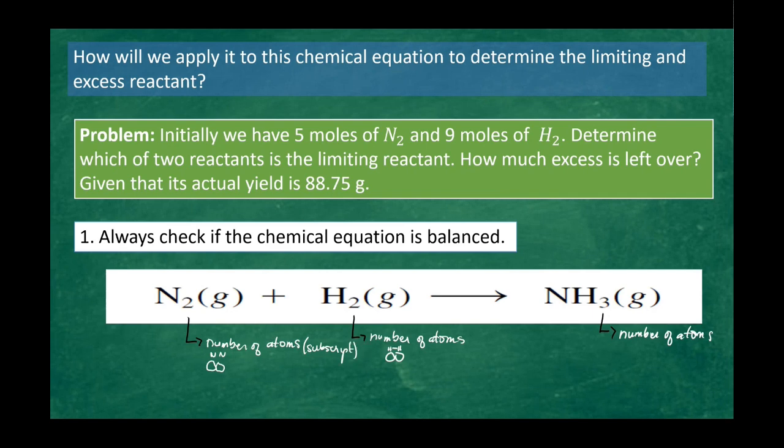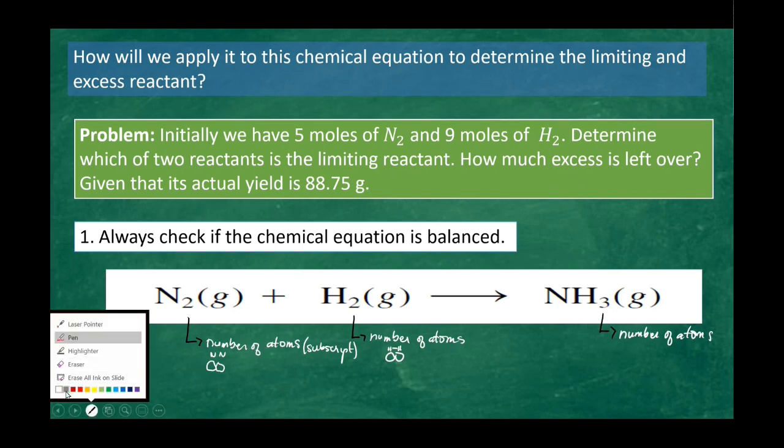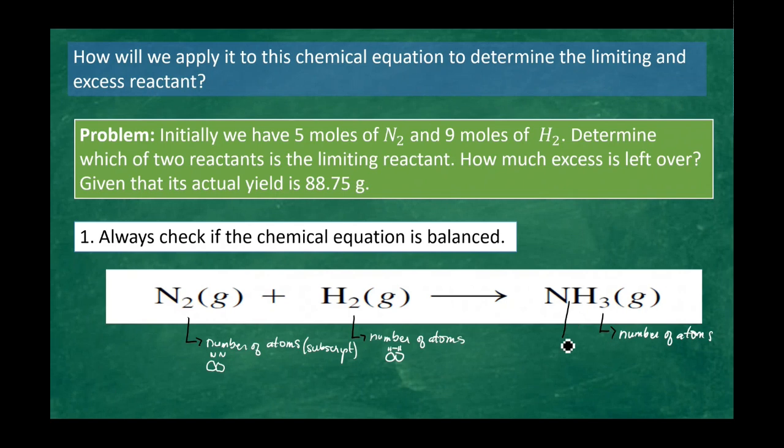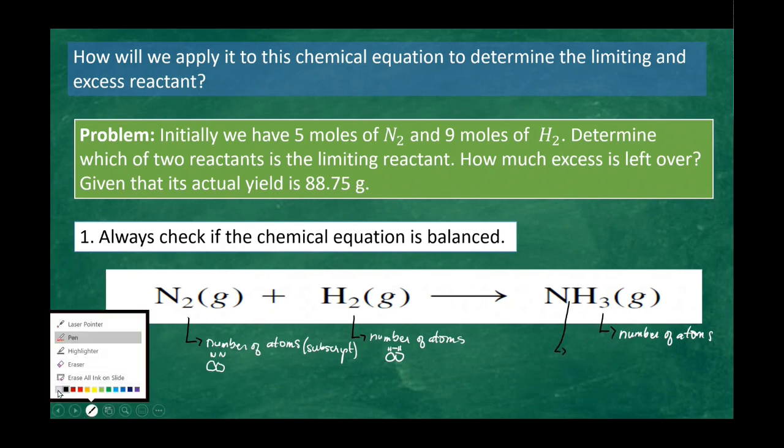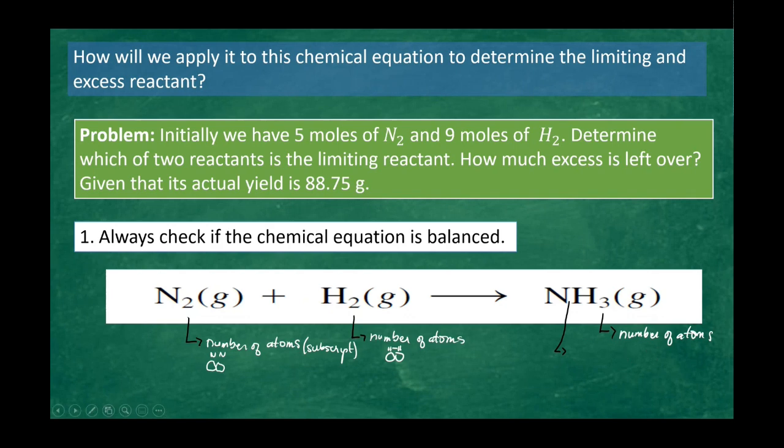So what if we don't have the subscript here? If you don't have the subscript, it is automatically 1. You don't have to write number 1. It is just automatic. So when you don't see a subscript there, it means 1.